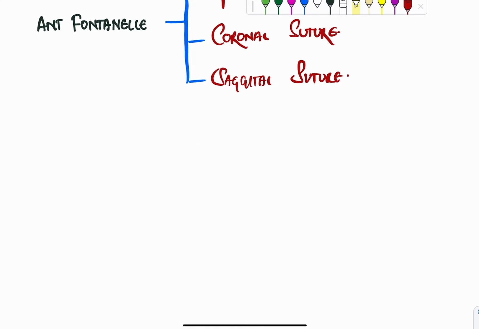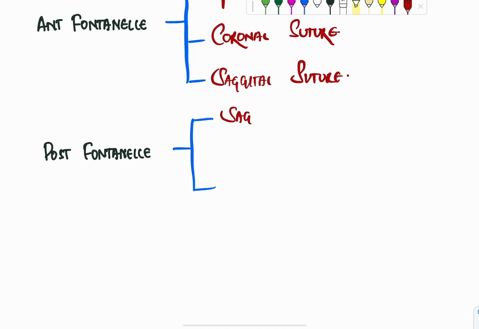Okay. In the same way, posterior fontanelle is formed by two sutures. So what are those two sutures, guys? One is called as sagittal suture. Okay, and the next one is called as your lambdoid suture.